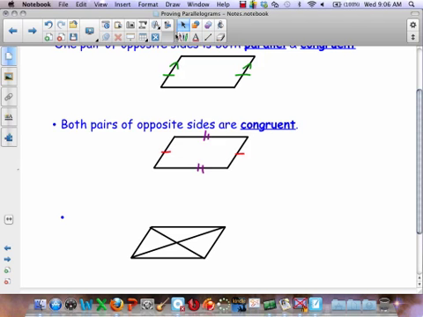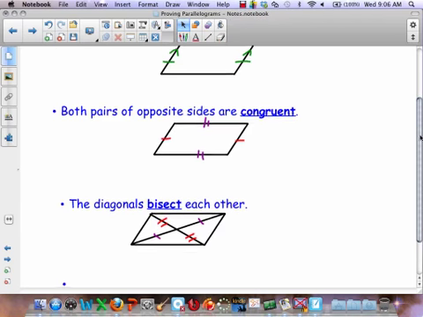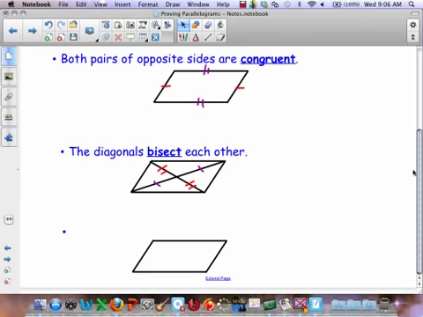What was the property about diagonals with parallelograms? They bisect each other. So if my diagonals bisect each other, then I'm a parallelogram.